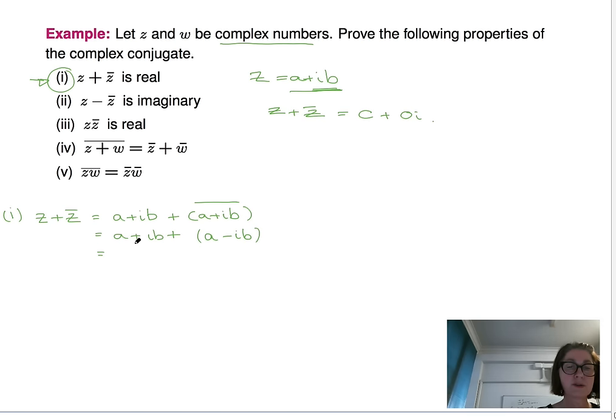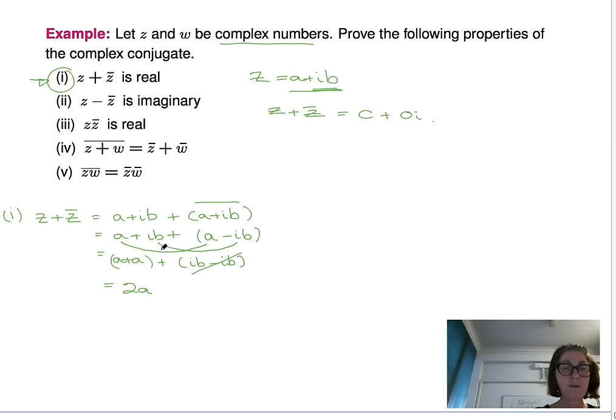So when I add those two things together, I'm going to collect like terms. So I've got a plus a, so that's going to be my real part, and ib plus minus ib, so it's going to be ib minus ib, and you can see here that that term is going to be 0, and I'm going to be left with 2a.